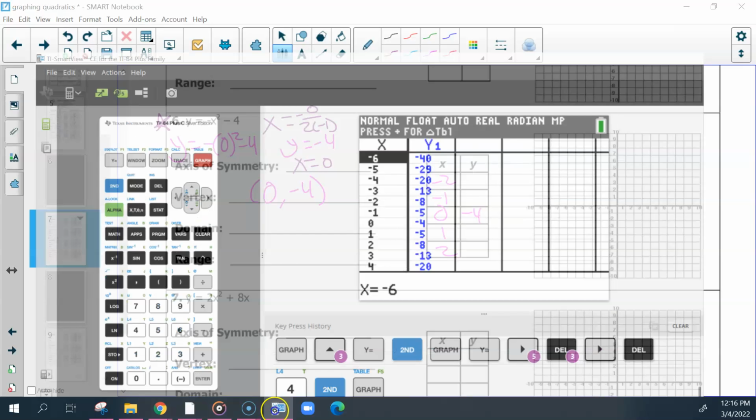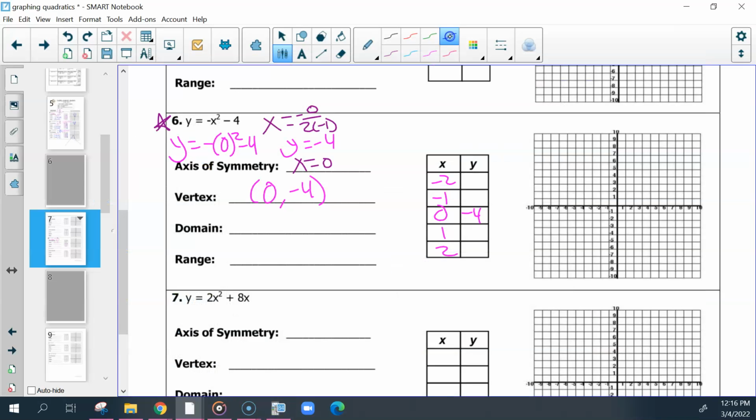And when x is -1, y is -5. And then it repeats. So that would be the points -2, -8, -1, -5, 0, -4, 1, -5, 2, -8, facing down.